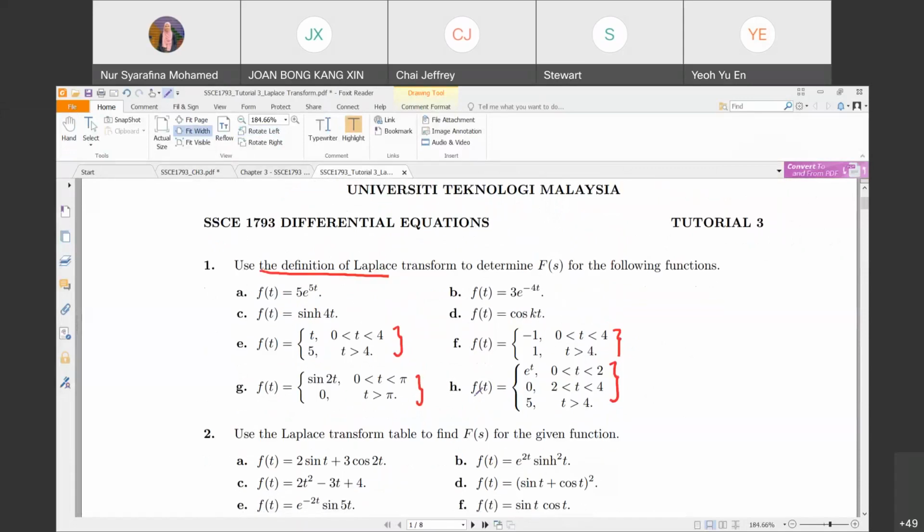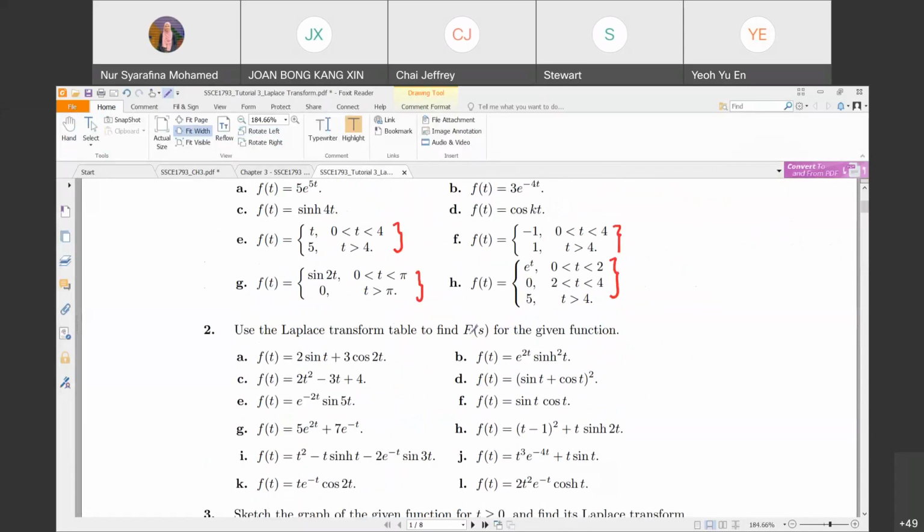Then this one, use Laplace transform to find F(s), where it involves properties. This is linearity, this is linearity, this is first shifting. This one is linearity, this is first shifting, linearity, this is first shifting plus t to the power of n, this is t to the power of n and first shifting, this one is t to the power of n and first shifting also, this one is first shifting and linearity, and this one is sine t cos t.